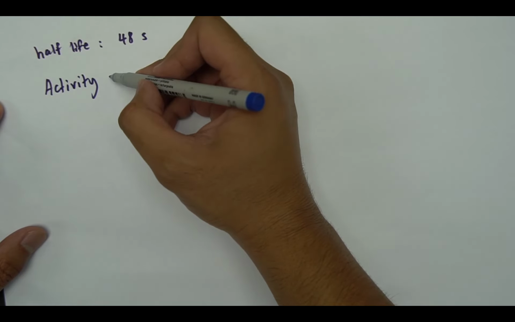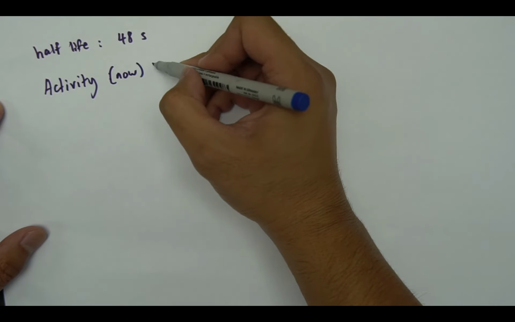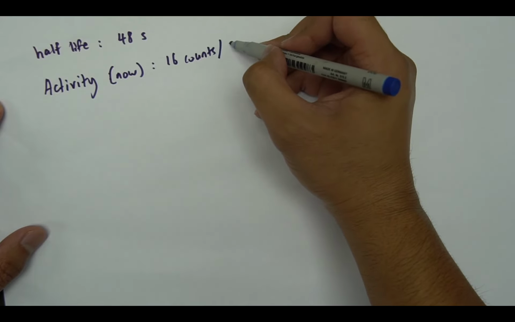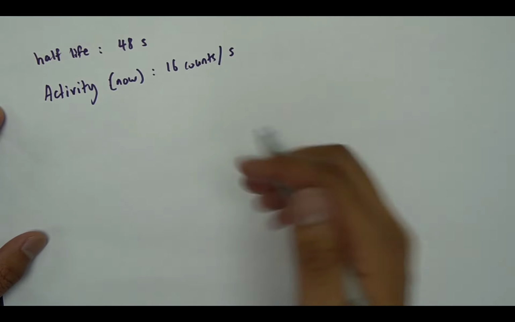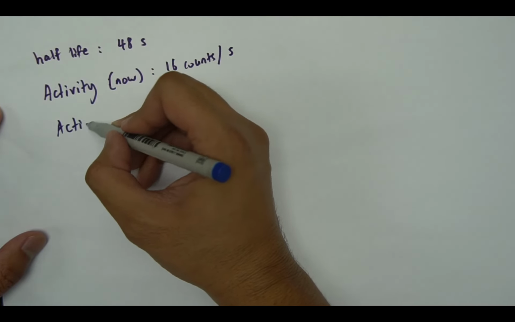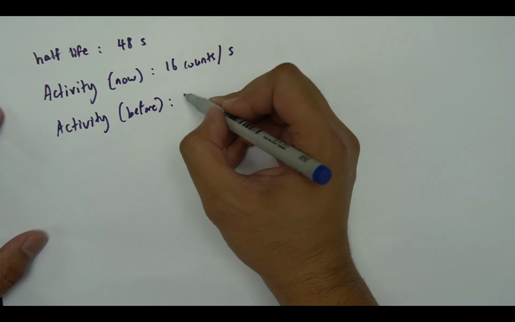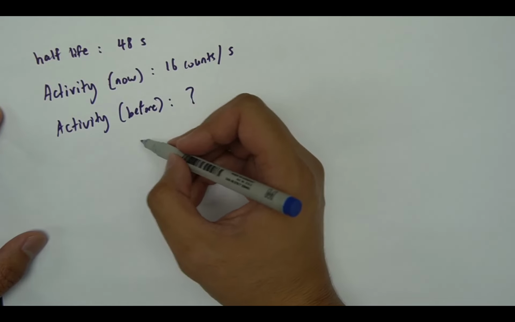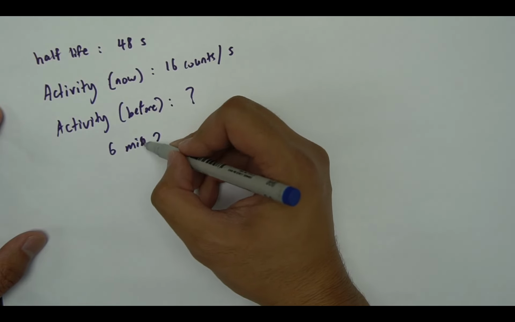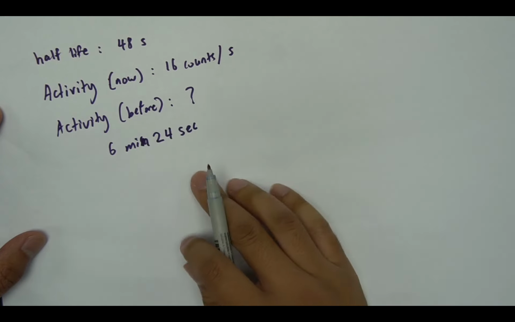The activity now is 16 counts per second, and it wants to find what the activity was before, which is 6 minutes, sorry, 24 seconds ago.